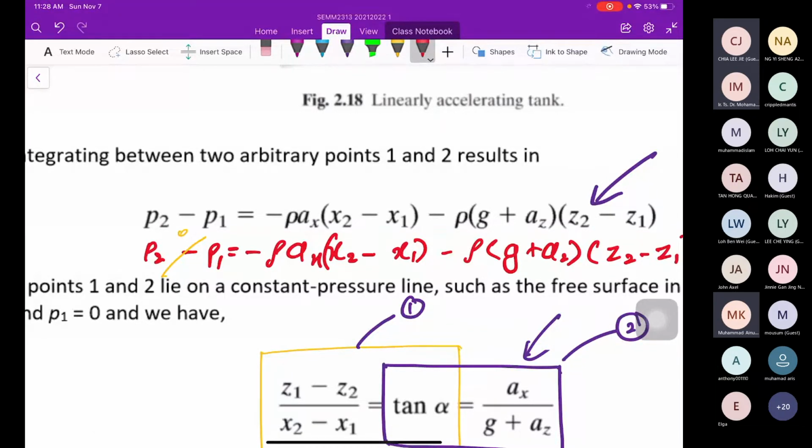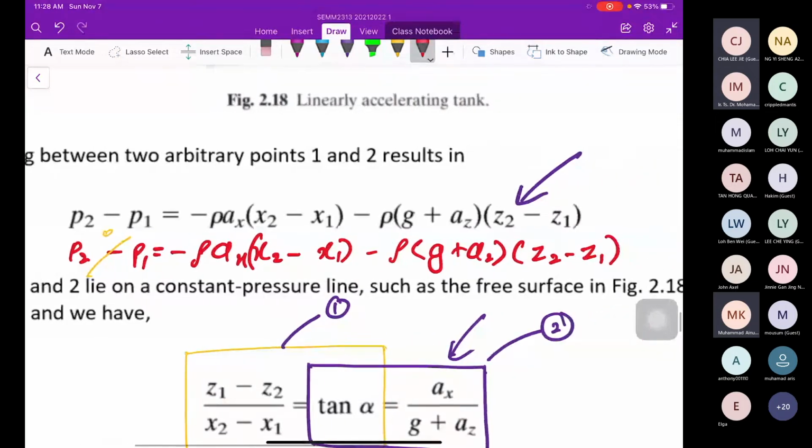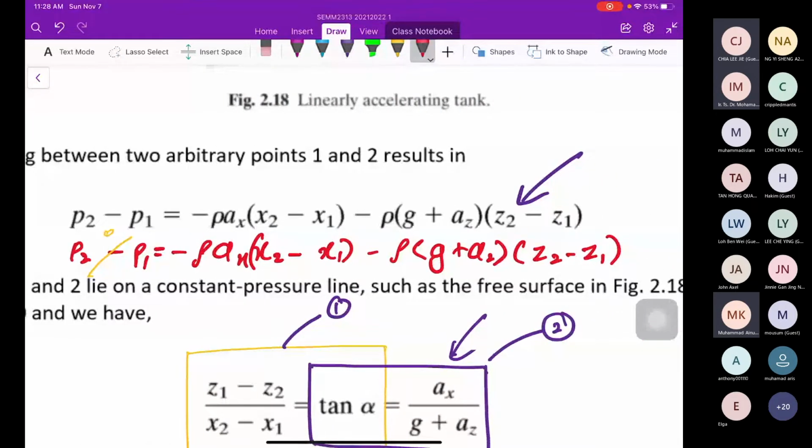Which direction of motion? AX or AZ? Definitely it is AX only, right? There is no motion in the vertical direction.